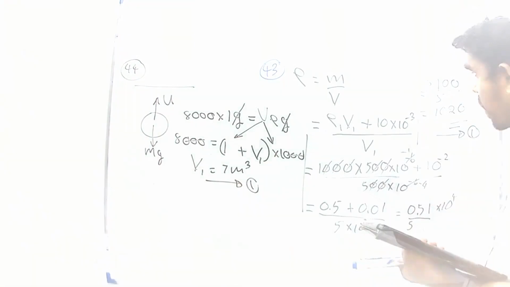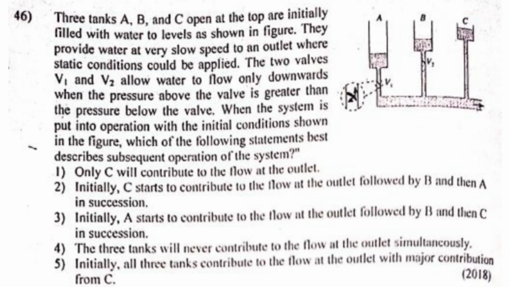Then 46. Three tanks A, B and C open at the top are initially filled with water to levels as shown in the figure. They provide water at very slow speed to an outlet where static conditions could be applied. We can consider there is a static condition. There is no water flow.